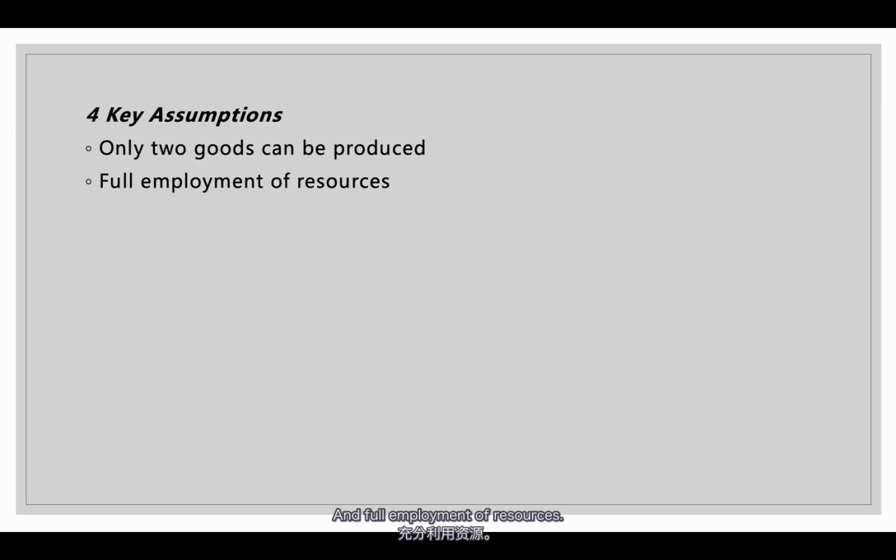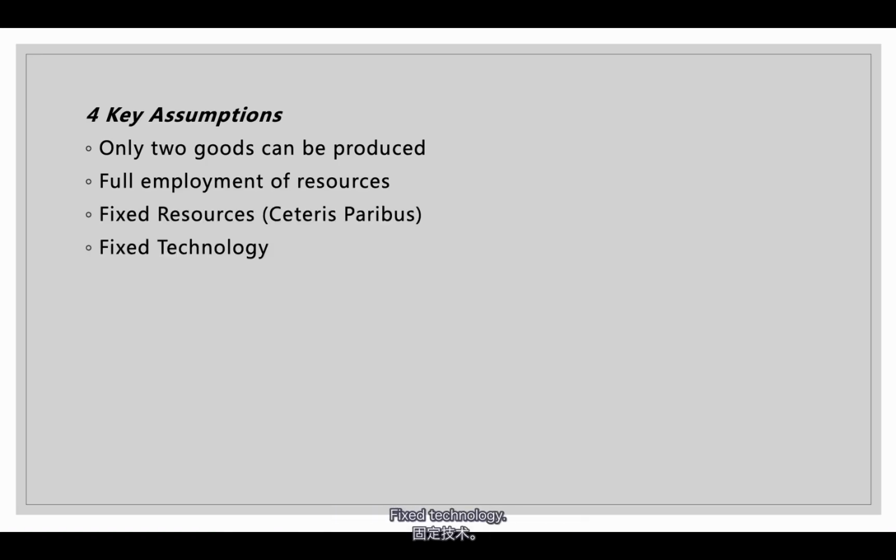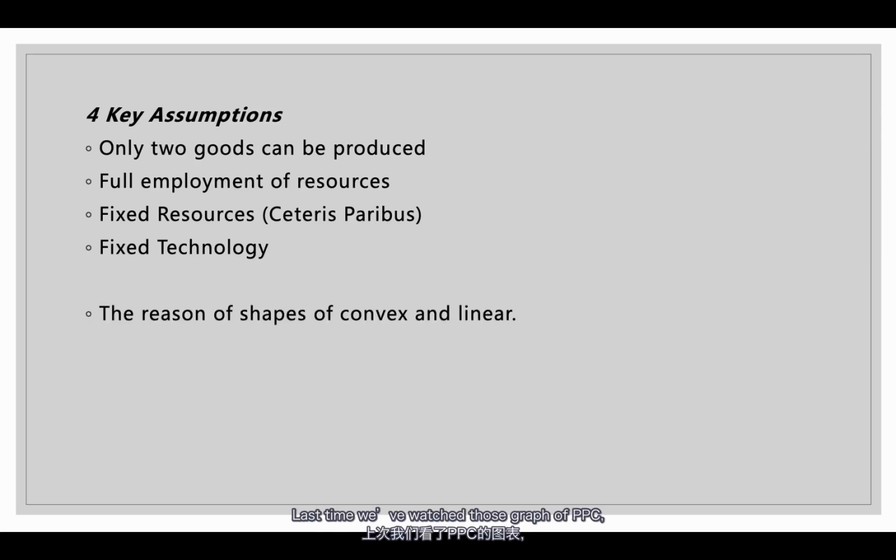And there are 4 key assumptions. First, only 2 goods can be produced, and full employment of resources, fixed resources, and fixed technology. Those are the reasons that can make the curve grow, and also the reason that makes the PPC graph usable. Last time we watched those graphs of PPC.